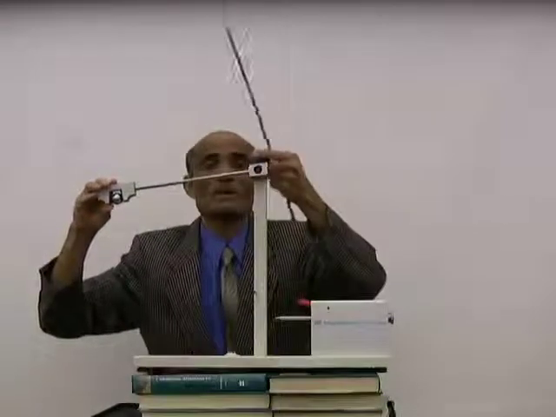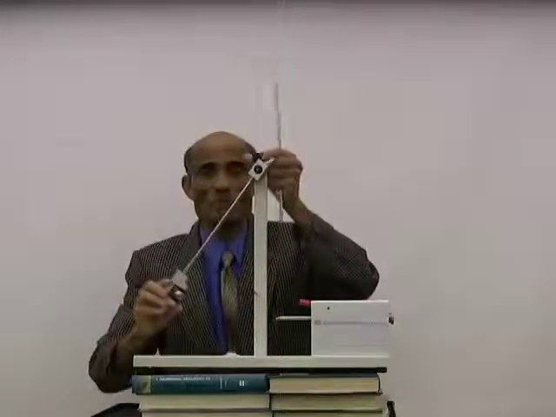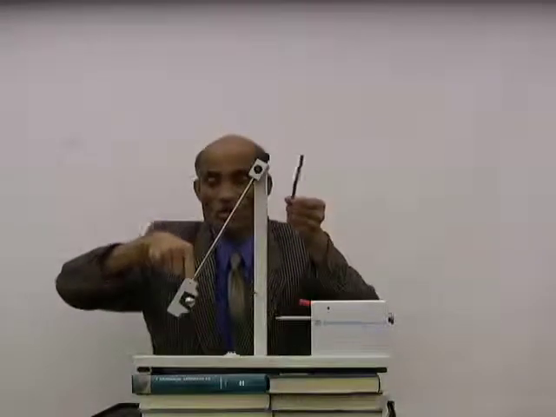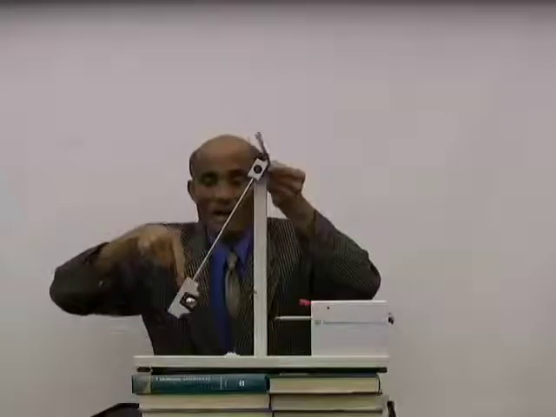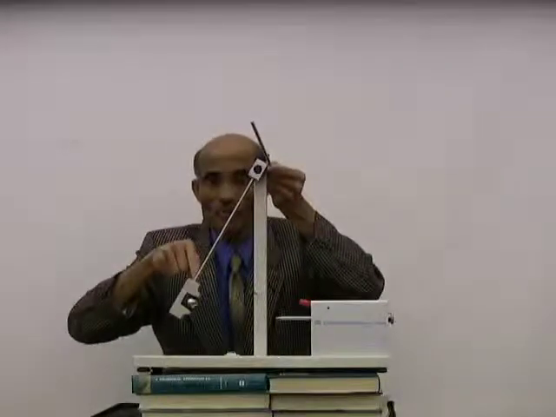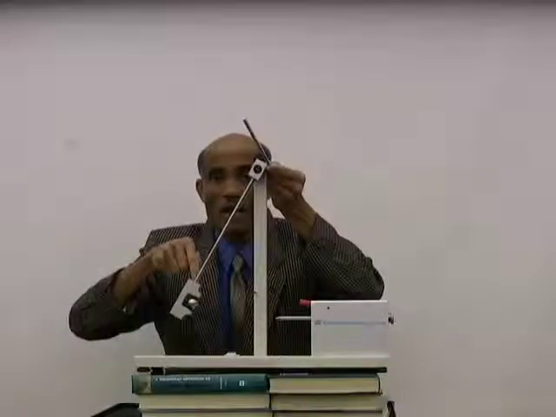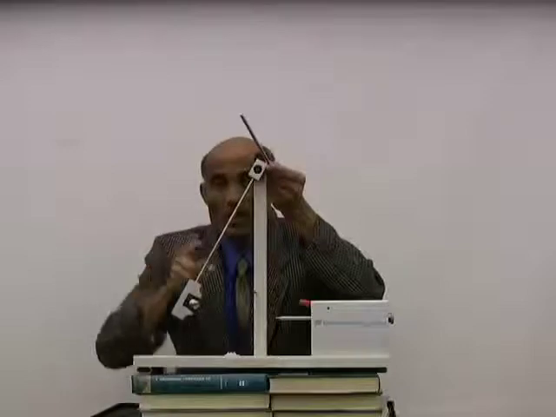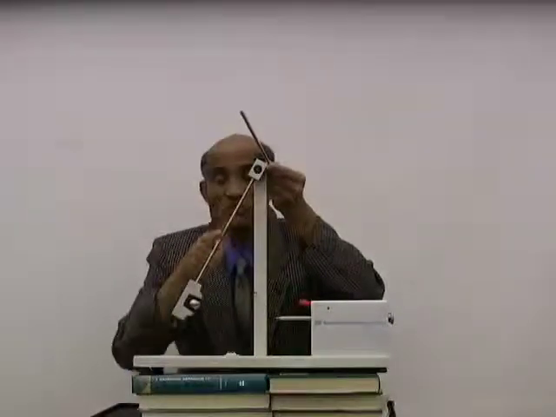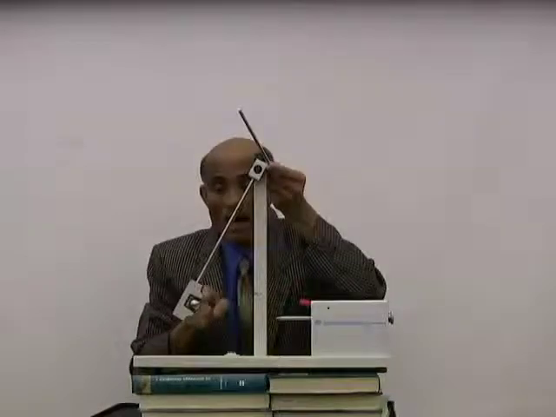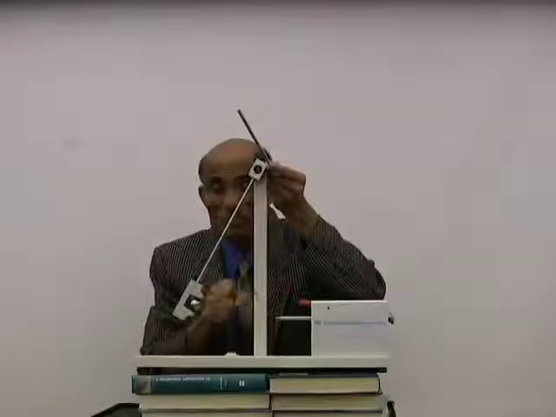Now tell me, if I have the object in this position and I'm applying a force downward and rotating the object about this axis, what is my torque arm now? The force is vertically downward. Is my torque arm this distance? No. My torque arm now is this distance.